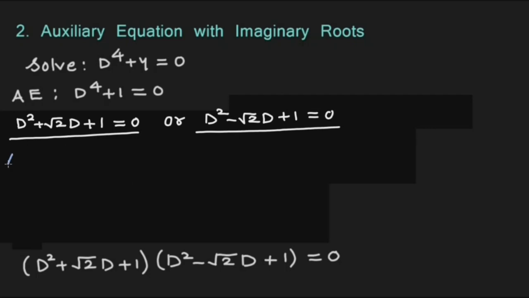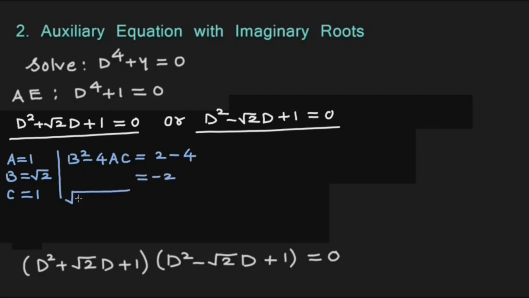For that, a is 1, b is root 2, c is 1. So b square minus 4ac will be root 2 square, 2, minus 4, which is minus 2.